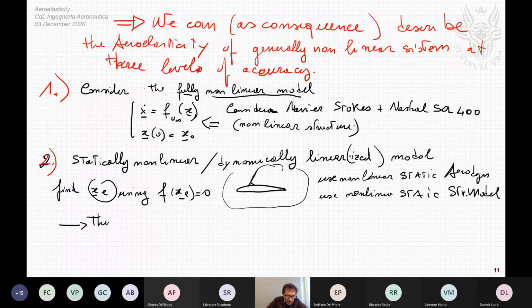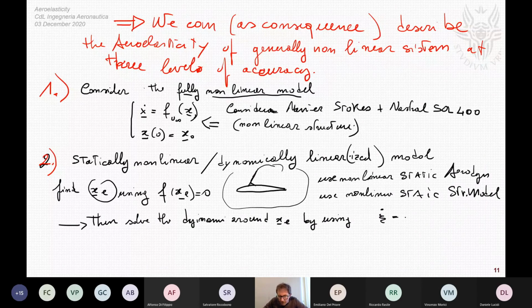Then solve the dynamic around x_e by using xi dot equal to A xi, where x is equal to x_e plus xi, and A is given by taking the gradient.